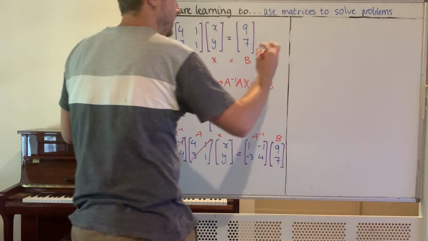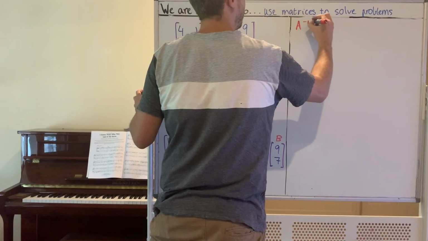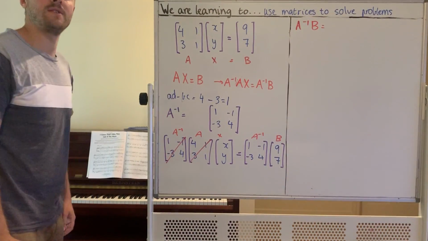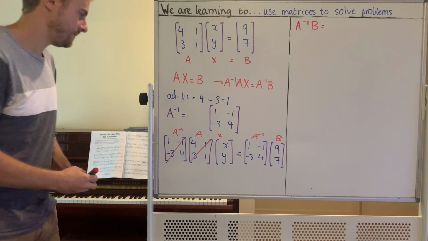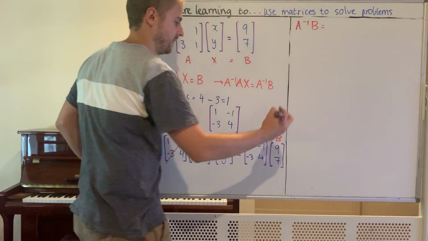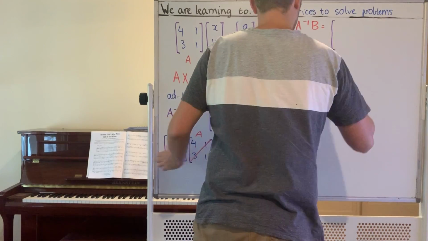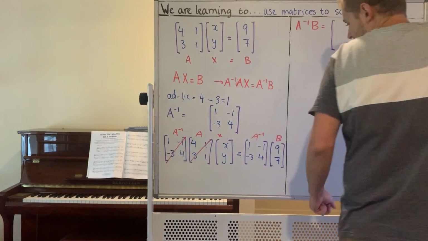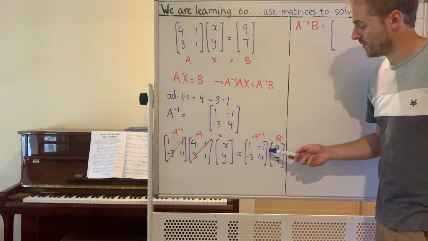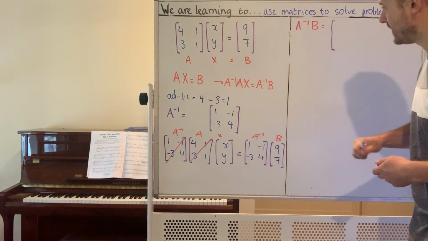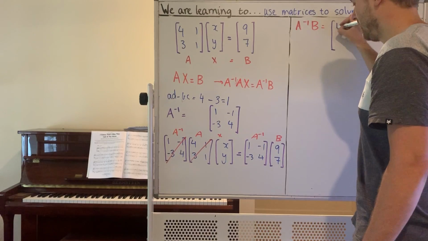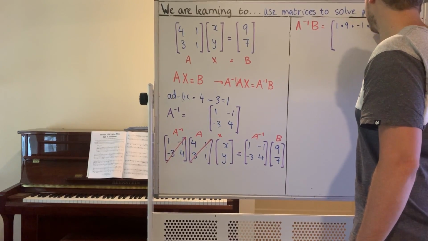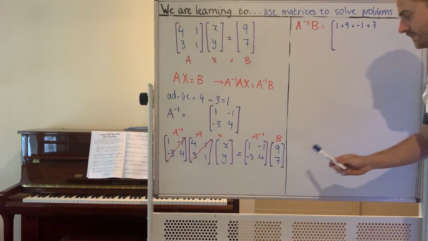So what we want to solve up here is this. That'll give us our final answer. Alright, so run and dive, we're going to run it down. So run across this row, dive down this column. So 1 times 9 plus -1 times 7.